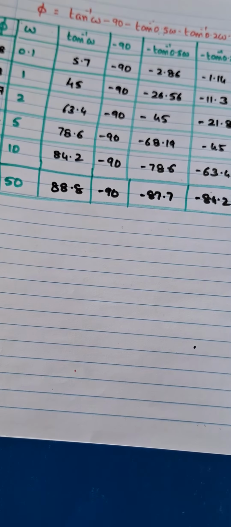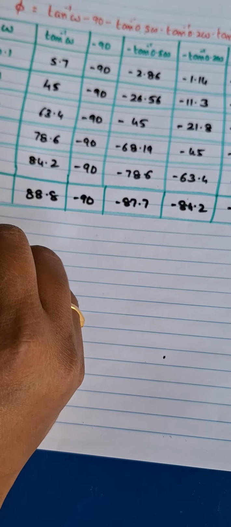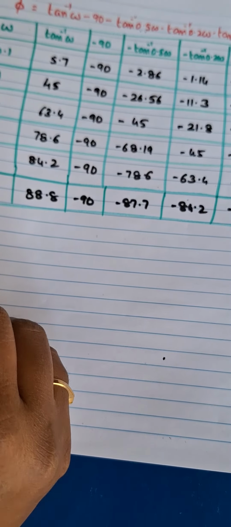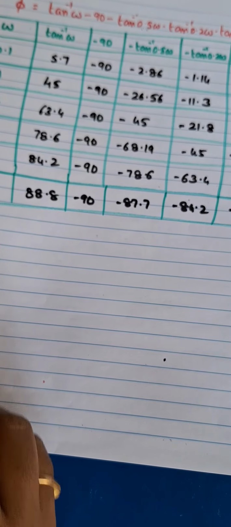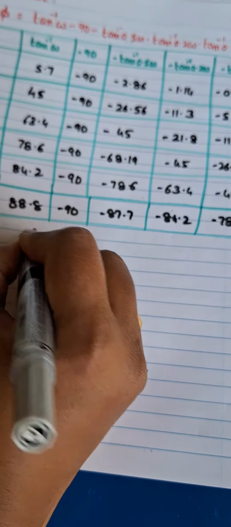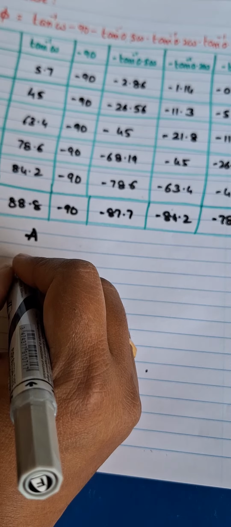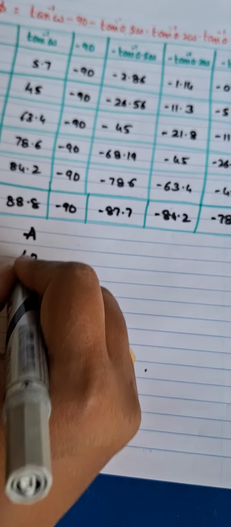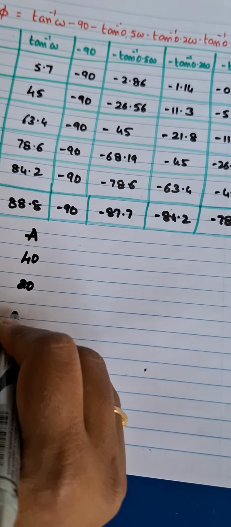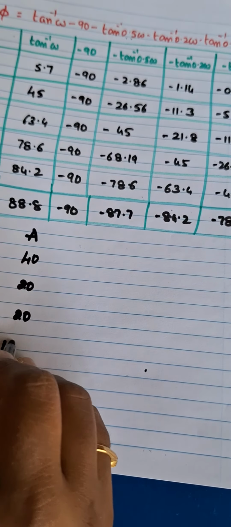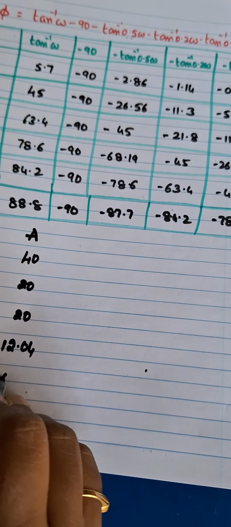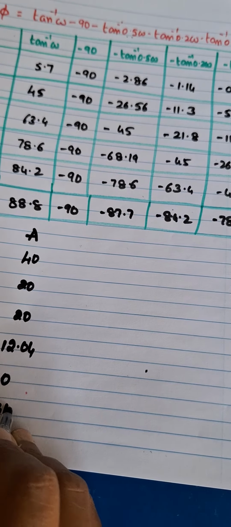Okay. So finally, what are our frequencies? 0.1, 1, 2, 5, 10, 50. What are the magnitude values we got? For magnitude, what did we get? We got, let me just check, 40, 20, 20, 12.04, 0, minus 41.9.